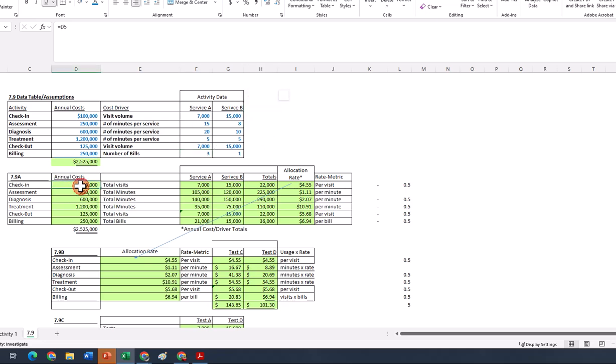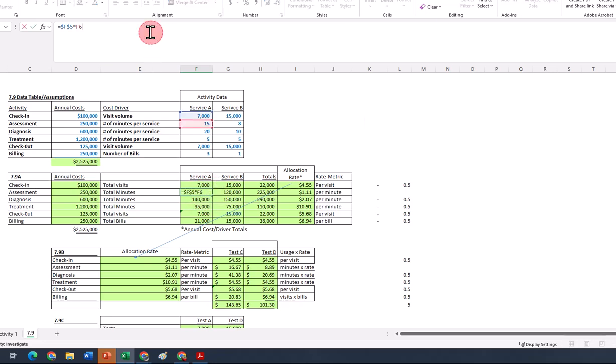Okay, so we take our annual costs. Visit is a visit, so we've linked it, right? We total the visits. We take our annual cost divided by our total to get our allocation rate. We do that again. This is where people mess up.